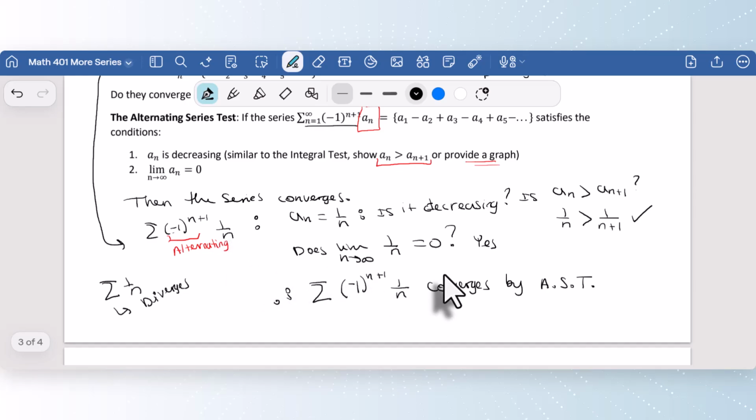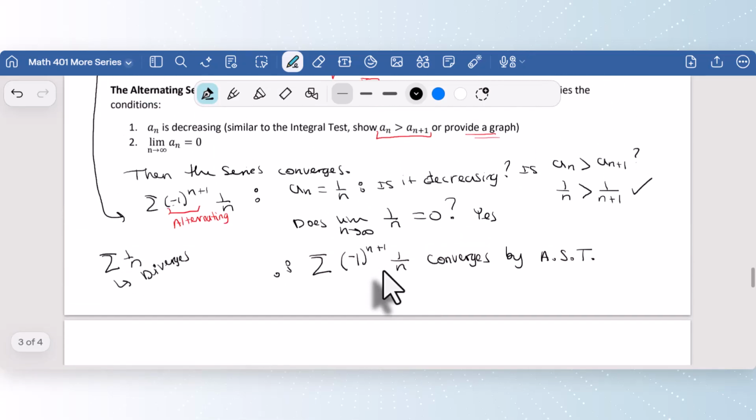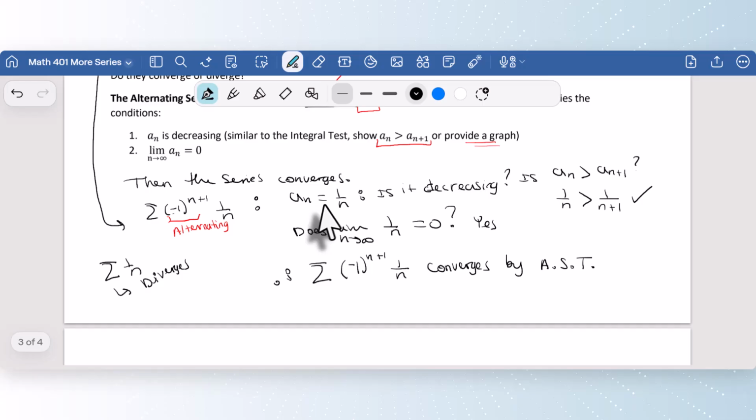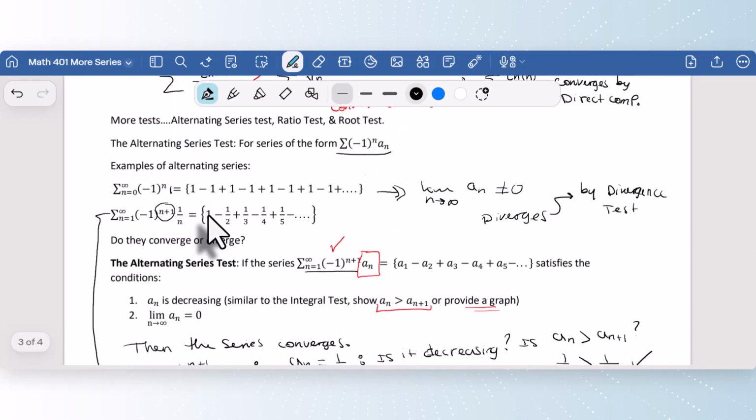And that's one of those nice things about the alternating series. If we were to graph this one, you can plot those points.